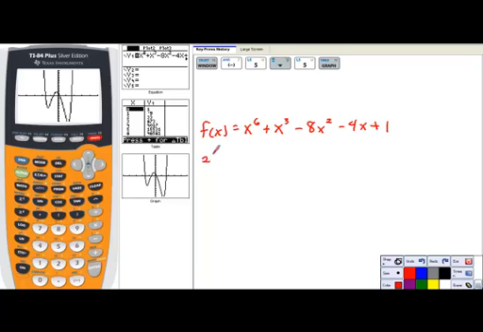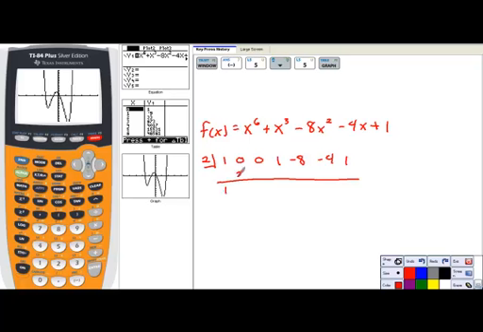We'll check +2 because that's just above the largest x-intercept, and my coefficients are 1, 0, 0, 1, -8, -4, and 1. This is x to the 6th, x to the 5th, x to the 4th, x cubed, x squared, x, and constant.